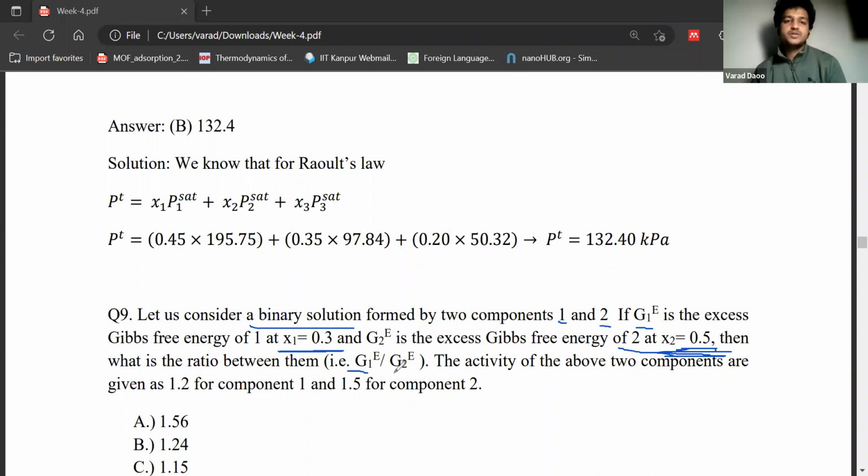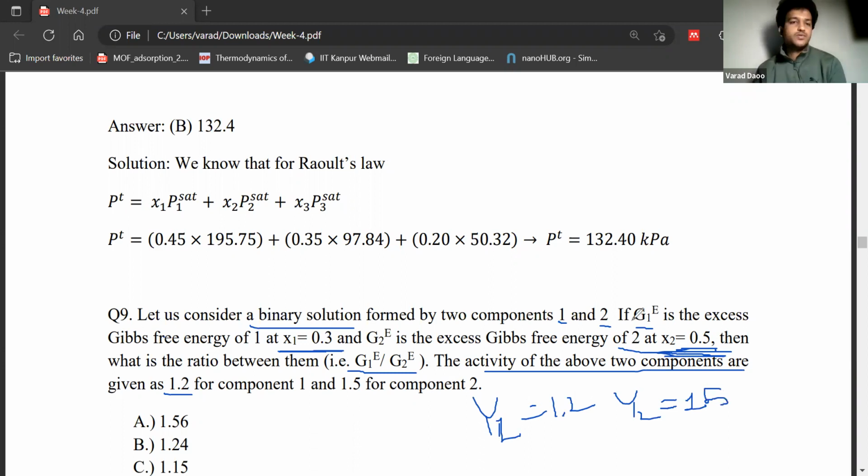Then what is the ratio of G1E by G2E, where the activity coefficients of the above two components are given as 1.2 for component 1 and 1.5 for component 2? So what is basically given? Gamma 1 has been given as 1.2, gamma 2 has been given as 1.5. And the excess Gibbs energy at these conditions of mole fraction of 1 is G1E, and at these conditions of mole fraction of 2 is G2E.